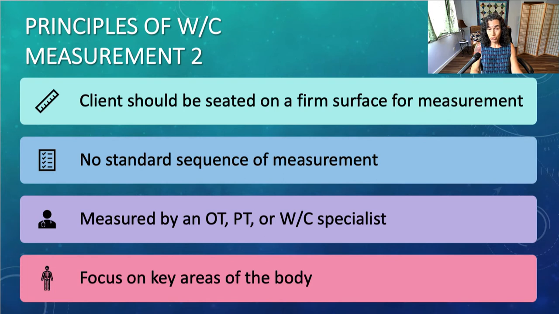Principle 2. The client should be seated on a firm surface for measurement. What this does is take the guesswork out of your measurement. There's no standard sequence of measuring a client for a wheelchair, but there are a number of different measurements, which we'll be going into in some detail, that you need to accomplish by the end of the session.